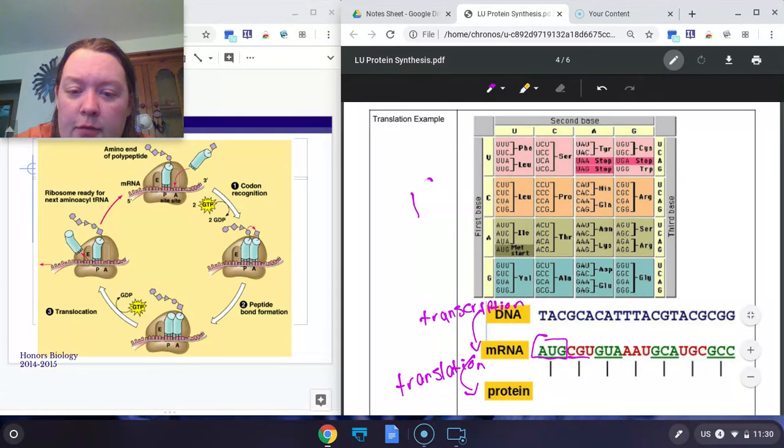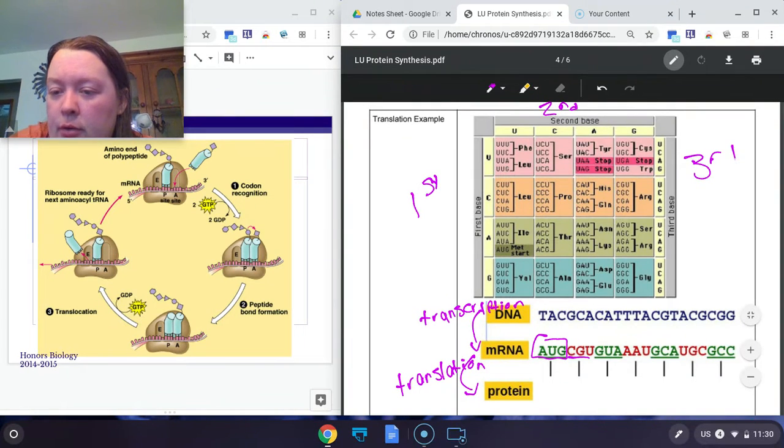I always like to write first on this side, second at the top, and third on this side. The way this works is you look at one group of 3 at a time.